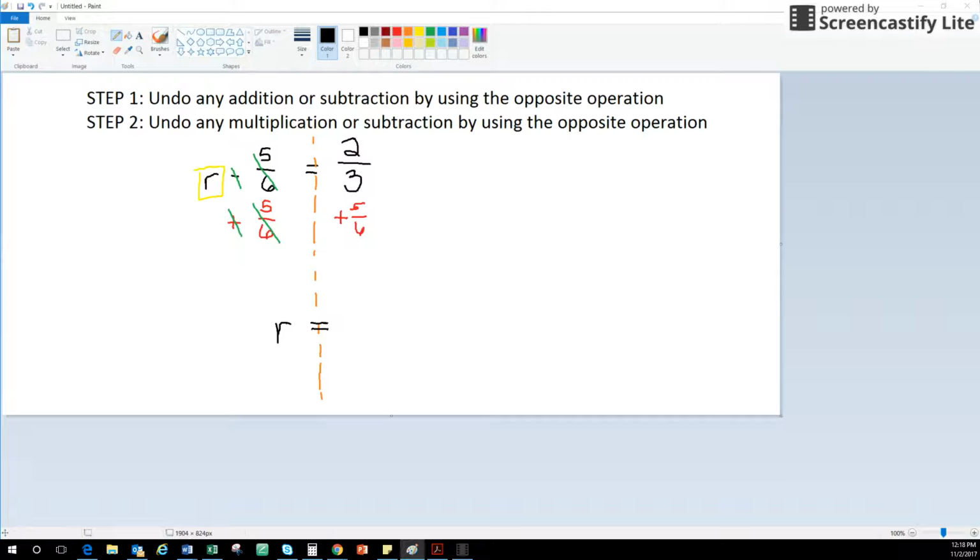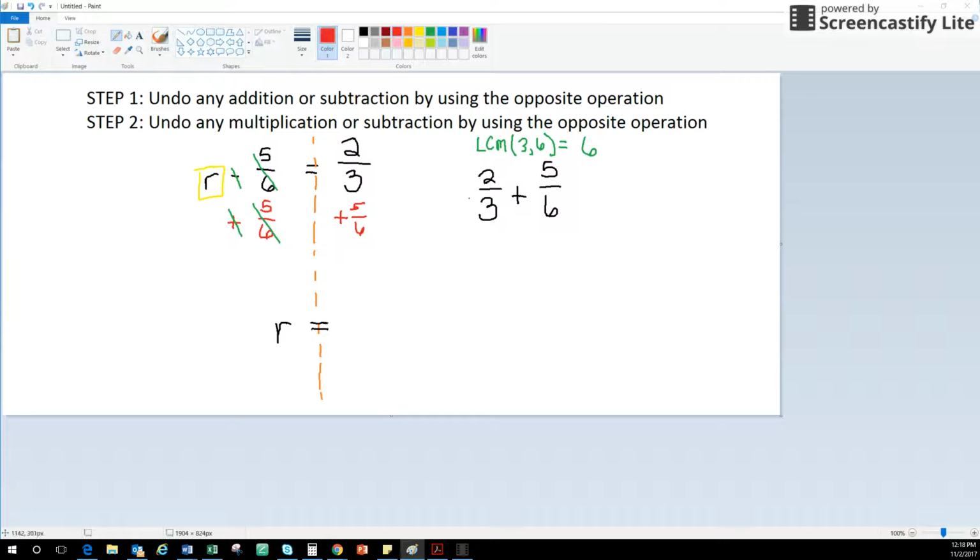And we get R equals, and now I got to worry, I have 2/3 plus 5/6. I do not have a common denominator, so I have to think what's the least common multiple of 3 and 6. And we should find out that it's 6.